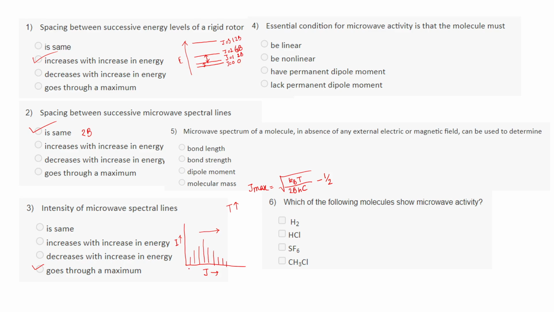Suppose the gaps are always 2B. This is 0 to 1, and earlier it was 2 to 3. Now your maximum population has shifted from 2 to 4.